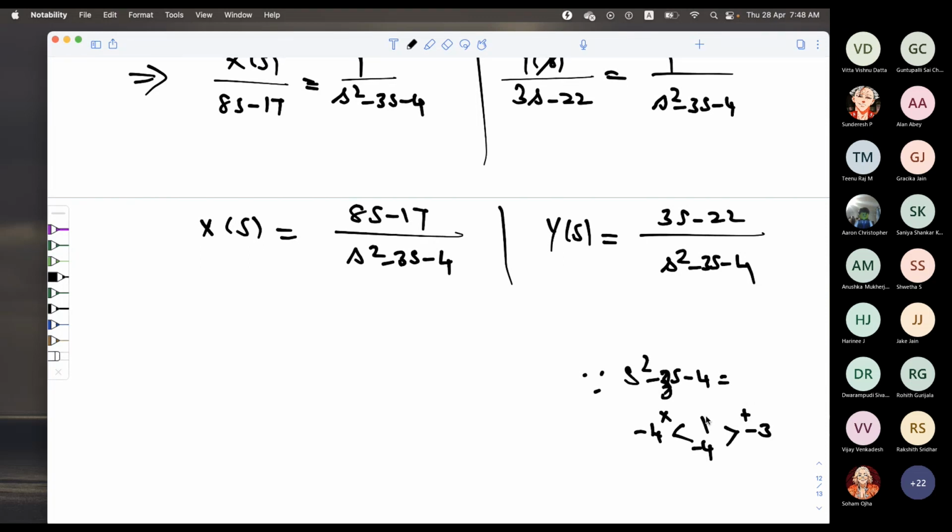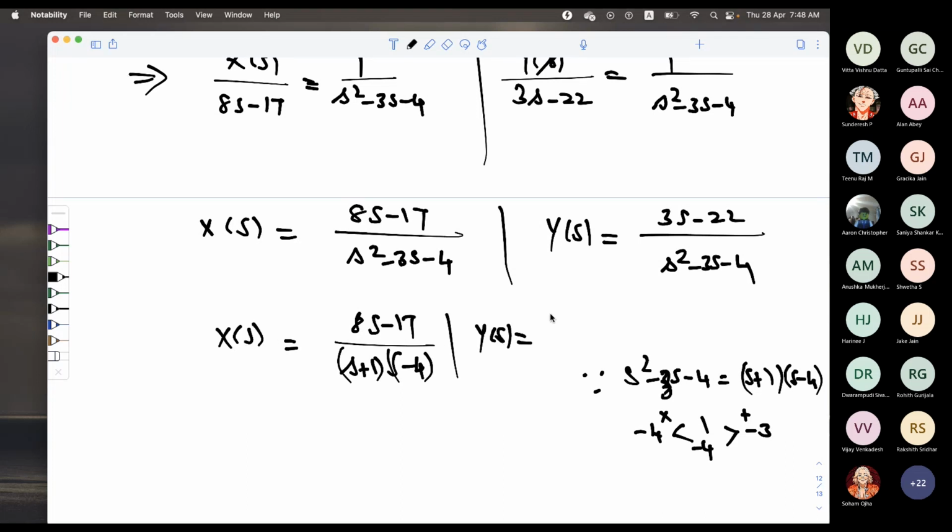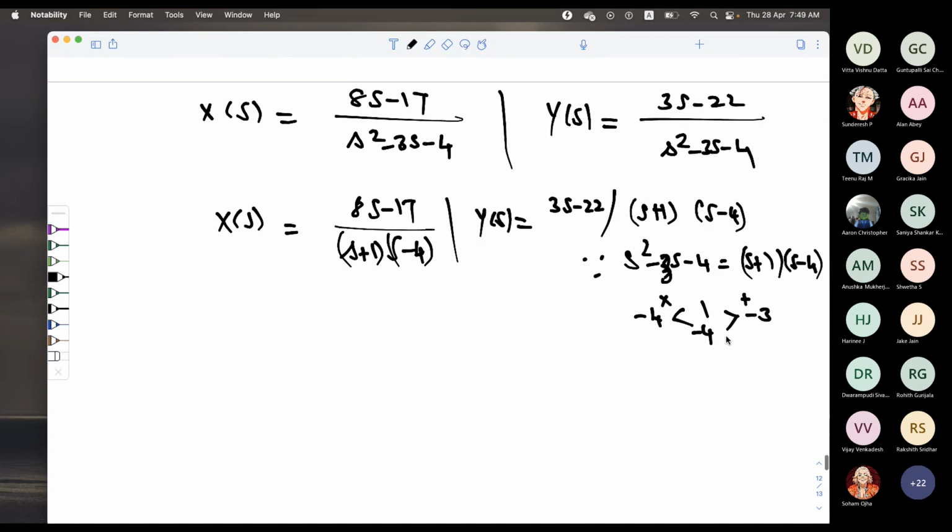Yes, we are having this, so (s plus 1) into (s minus 4) is the factorized form. So (8s minus 17) upon (s plus 1) into (s minus 4) is my X(s), and my Y(s) is (3s minus 22) divided by (s plus 1) into (s minus 4). Apply inverse Laplace transforms.